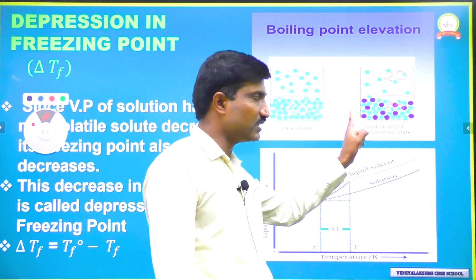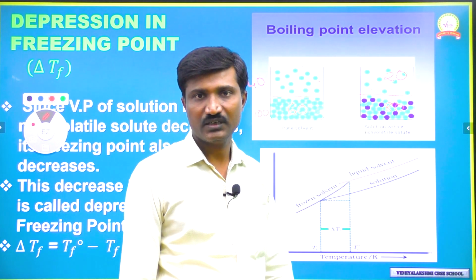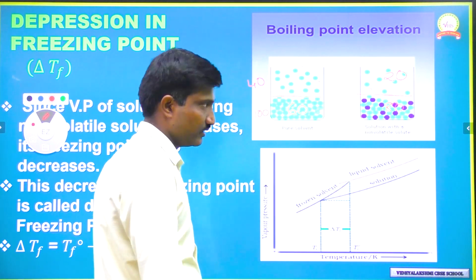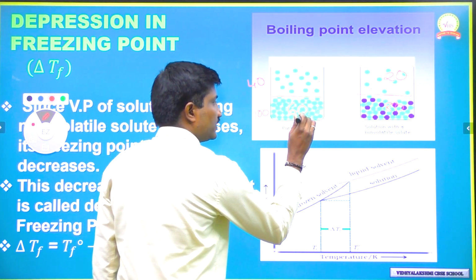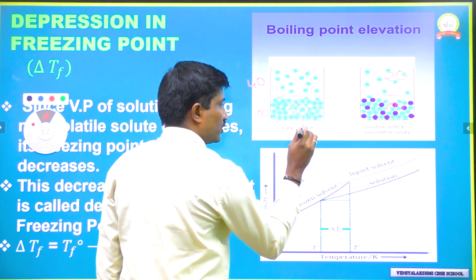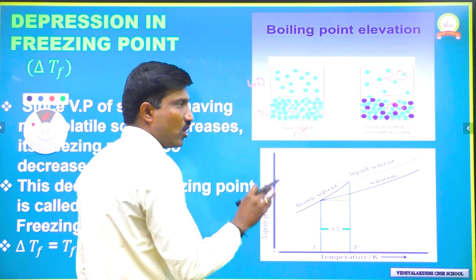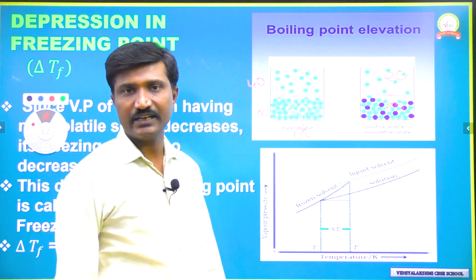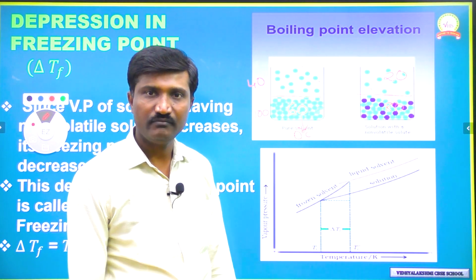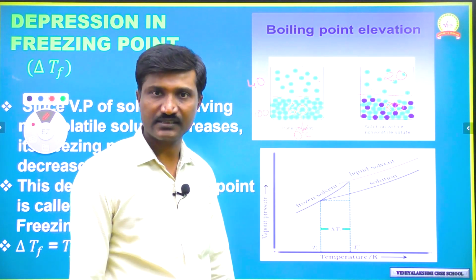Let us take the solvent as water. If we cool the temperature of this pure water to 0 degrees centigrade, all these 60 liquid molecules enter into the ice, that means it freezes.